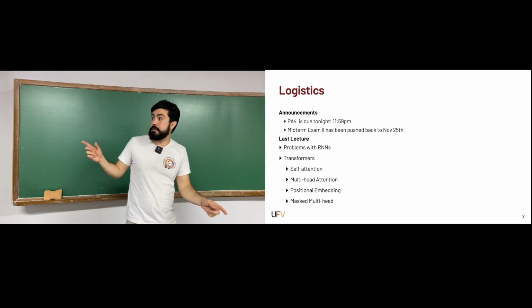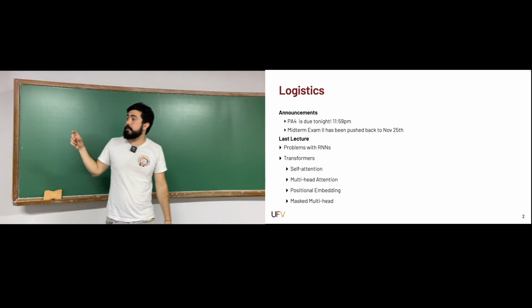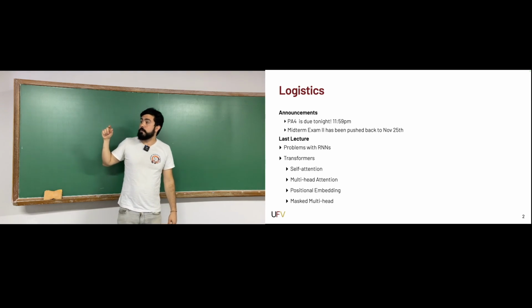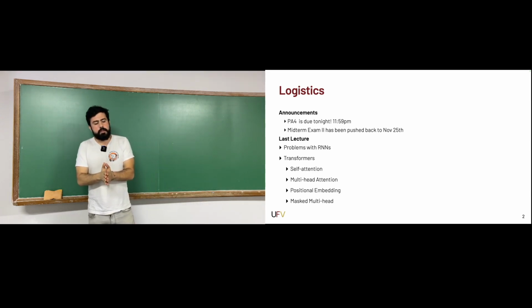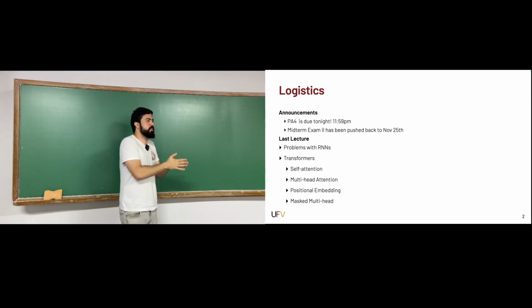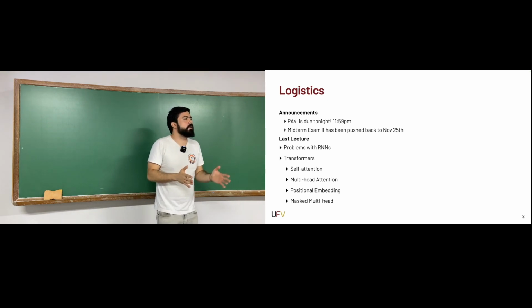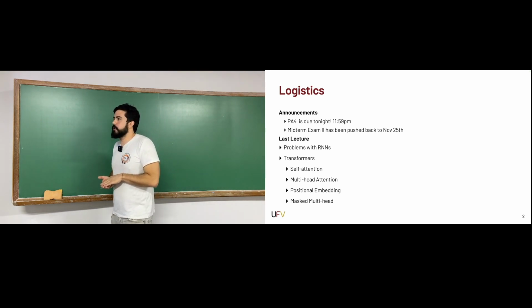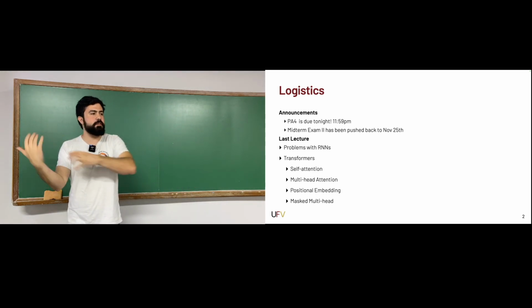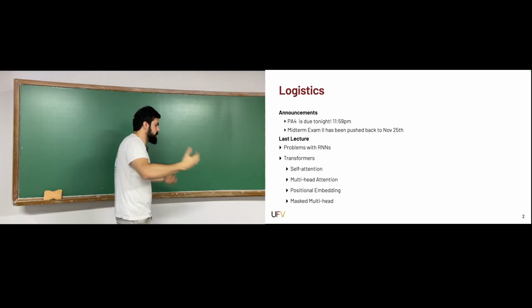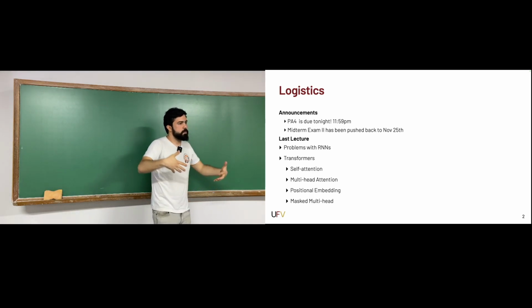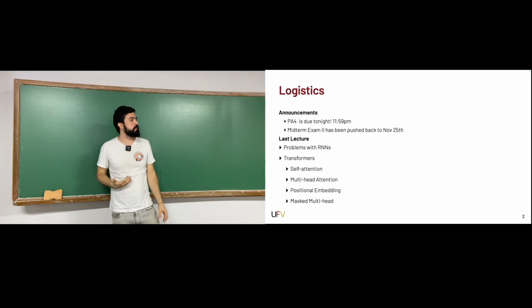But then we use positional embedding or encoding to add positional information to this learned representation, because the original attention representation doesn't care about position. So the words could be in a different permutation, and the attention matrix would not care much about that.